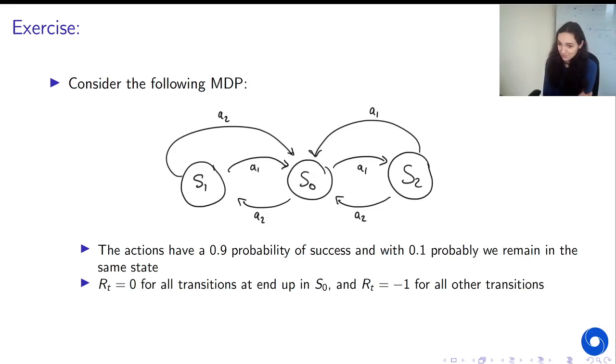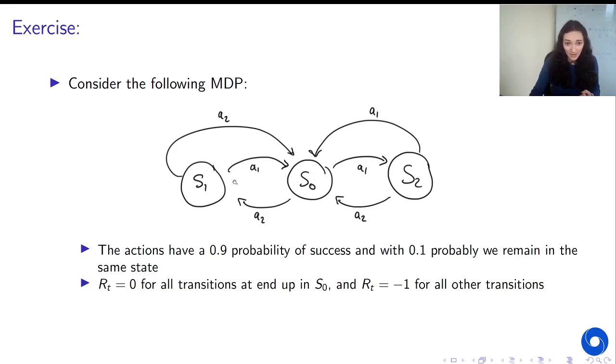We're going to consider this MDP, this graphical representation, with 3 states. We have 2 actions. A1, which is kind of right, but once you are at the end of the state space, you transition back to the starting state. And action 2, which is roughly left, but again, when you're at the end of the chain, you transition back to S0. All of these actions, if they are taken, have a probability of 0.9 to succeed.